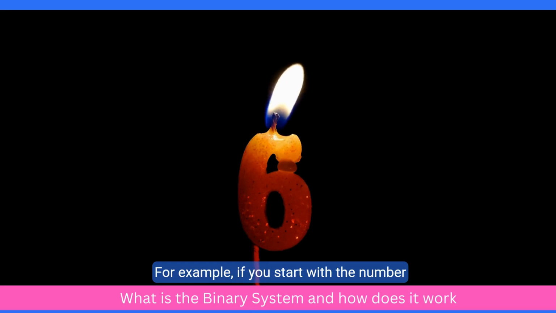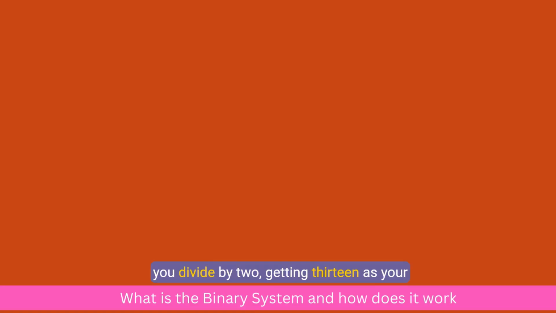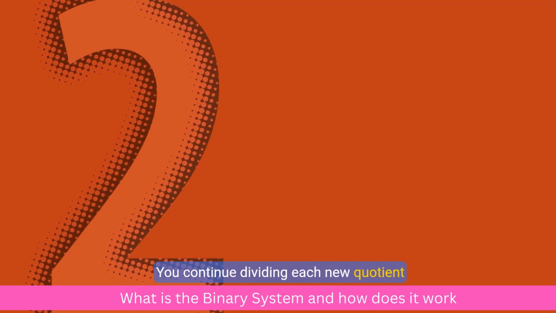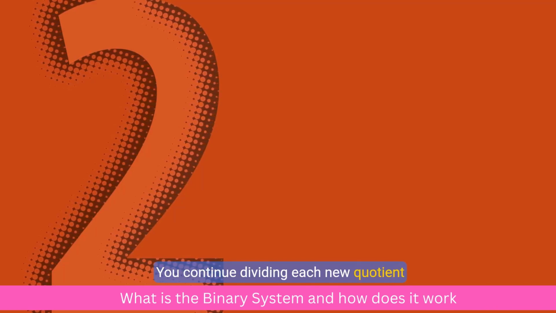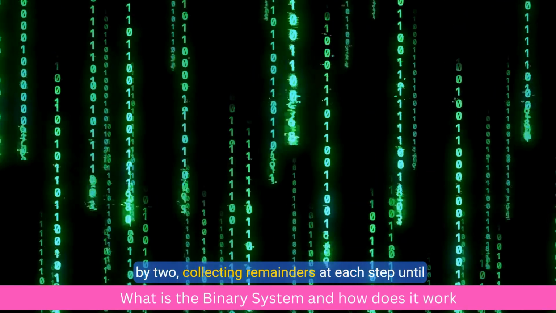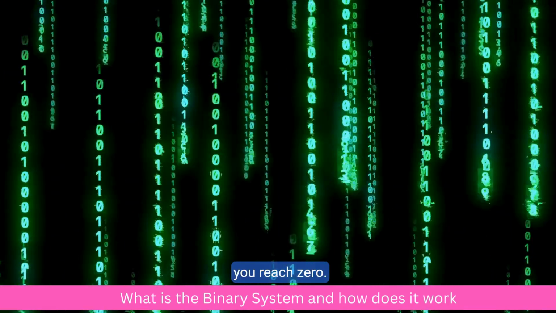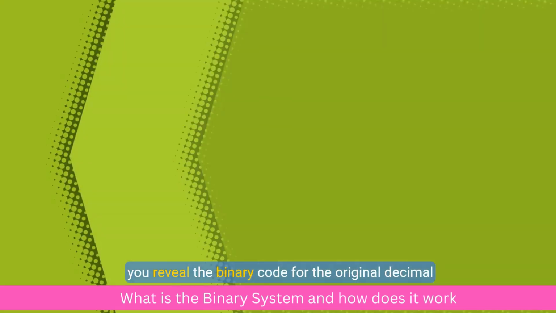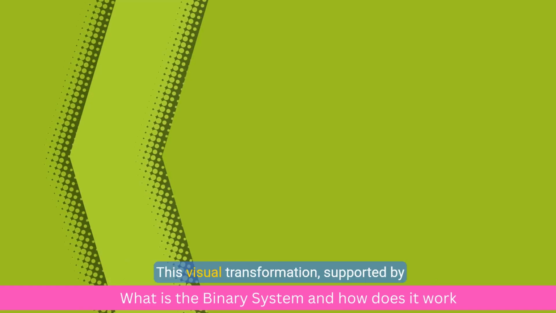For example, if you start with the number 26, you divide by 2, getting 13 as your quotient and 0 as your remainder. You continue dividing each new quotient by 2, collecting remainders at each step until you reach 0. By reversing the sequence of remainders, you reveal the binary code for the original decimal number.